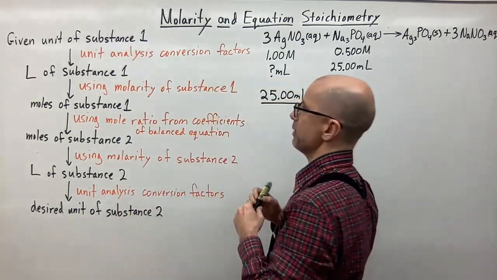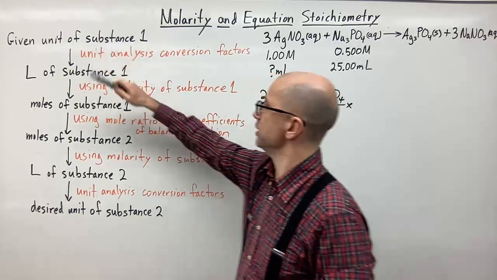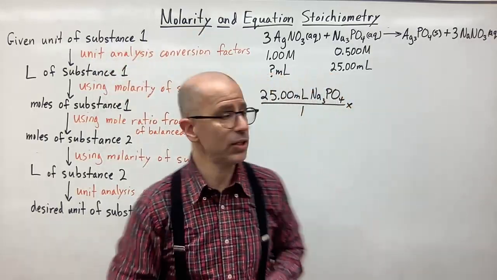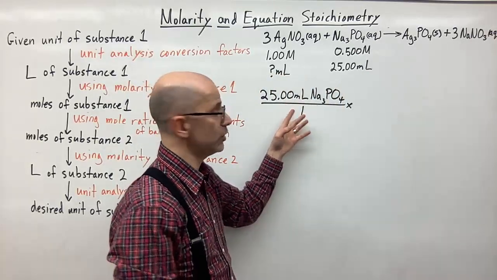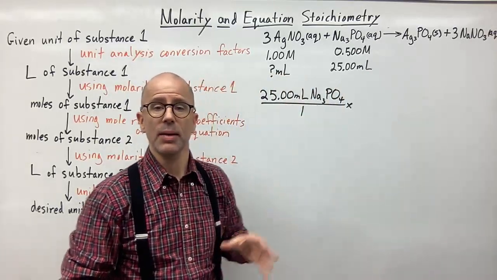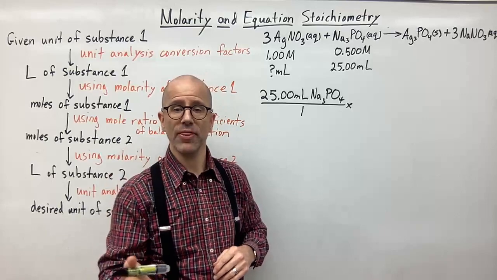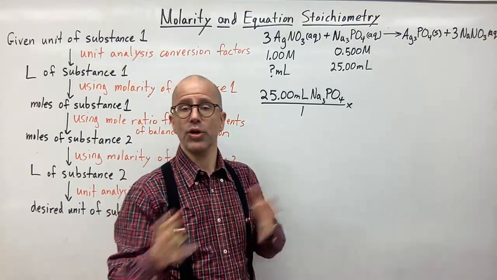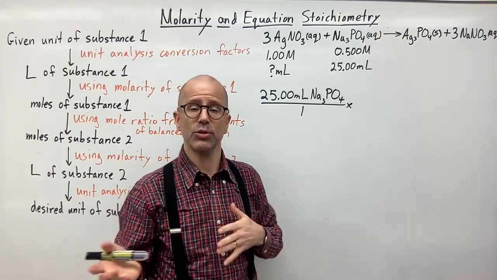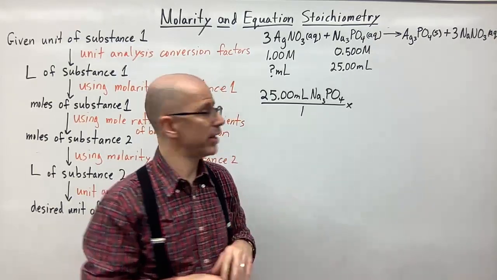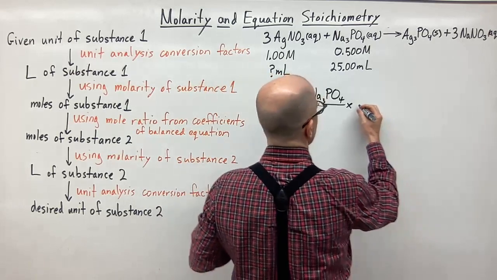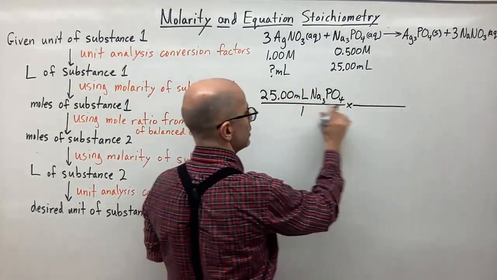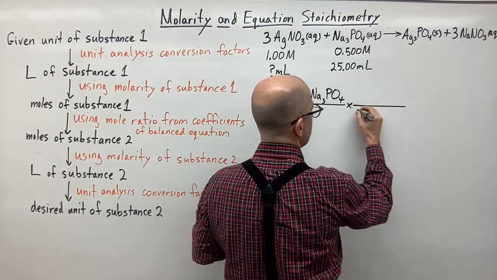And so here I have a given unit of a substance, and my first step is to get to liters. I have milliliters, so I'm going to use that 1 milliliter is equal to 1,000th of a liter, or 10 to the negative 3. Or you could use that 1 liter is equal to 1,000 milliliters. Either way is fine. Since I have milliliters on the top, I'm going to have milliliters on the bottom.